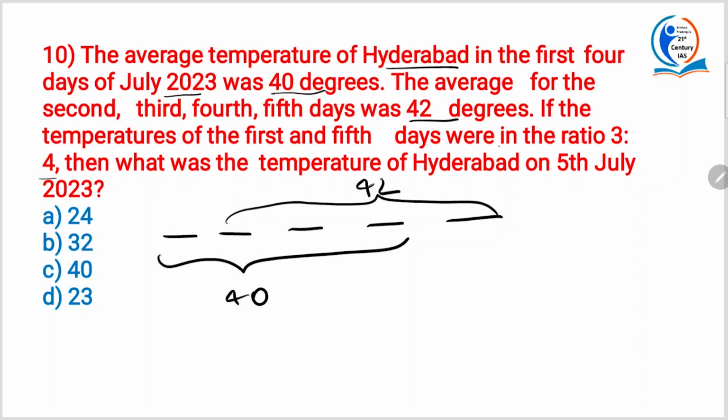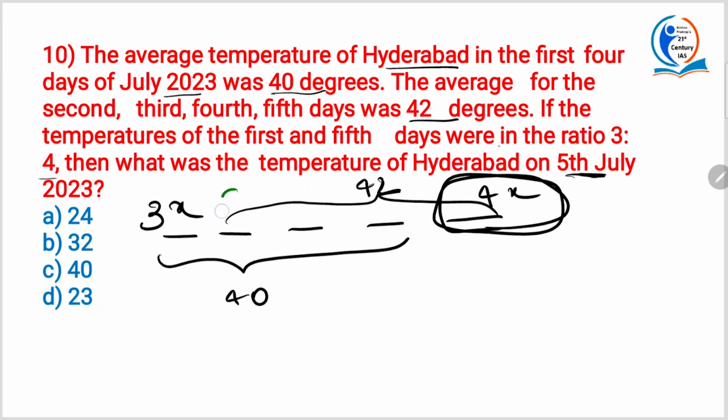So the absolute numbers will become 3x and 4x. Now, what was the temperature of Hyderabad on 5th of July? That means you need to find 4x. Here, if you observe one thing, the second day, third day and fourth day are common to both the conditions that are given.